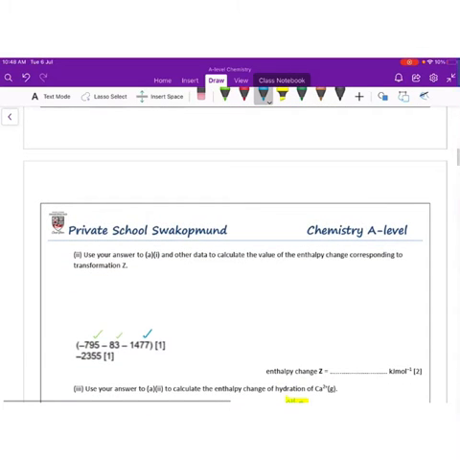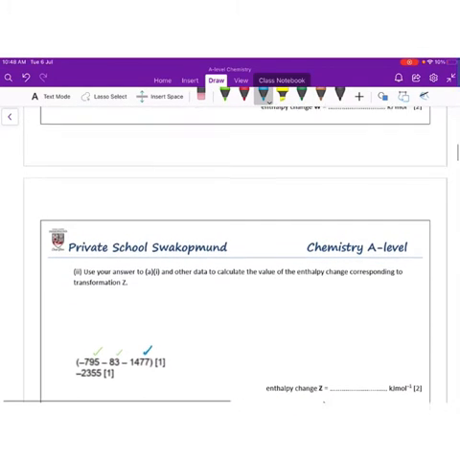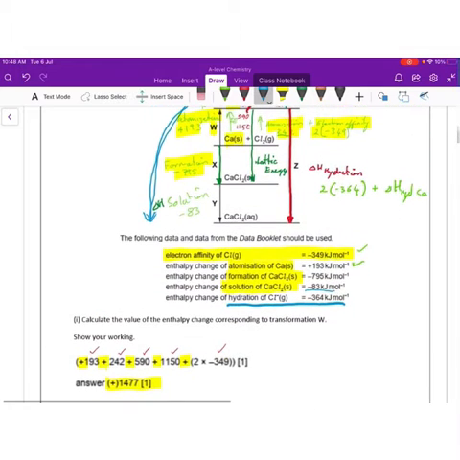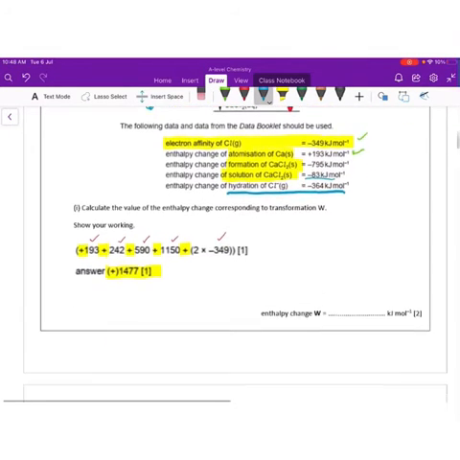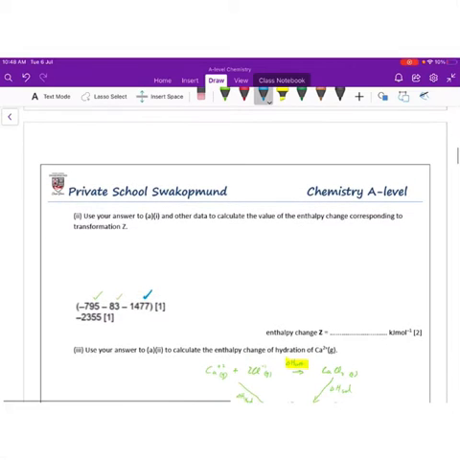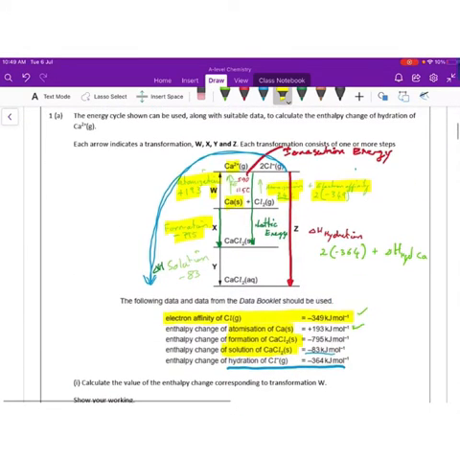There it is, so negative that. I am moving in the same direction as X, so negative 795, and also in the same direction is Y, which is negative 83. And that gives me my enthalpy change of negative 2355 kilojoules per mole. That's my full enthalpy change of hydration now, because that's what I established with this red arrow.